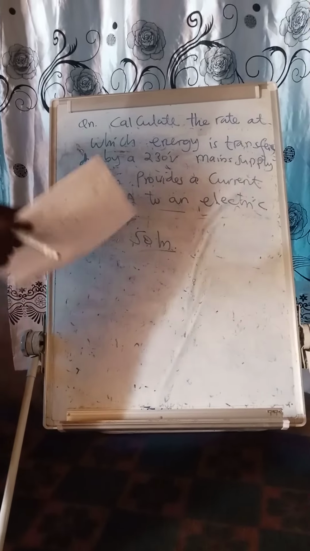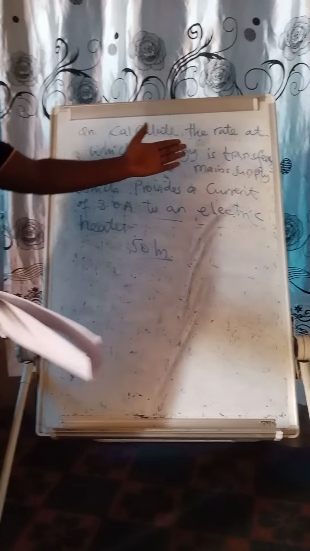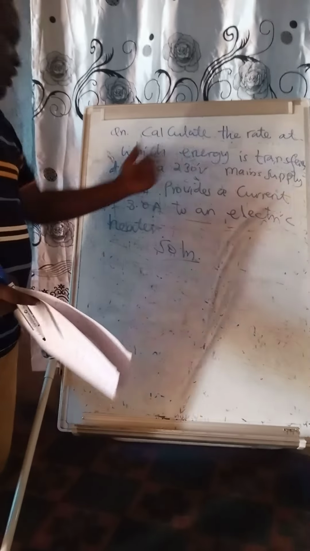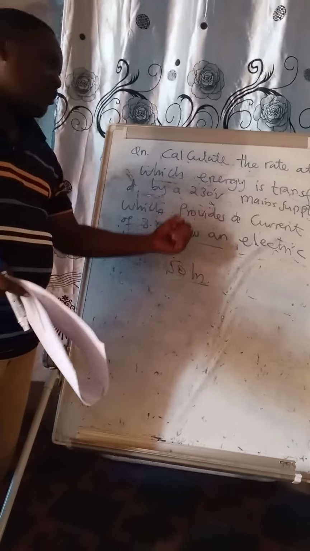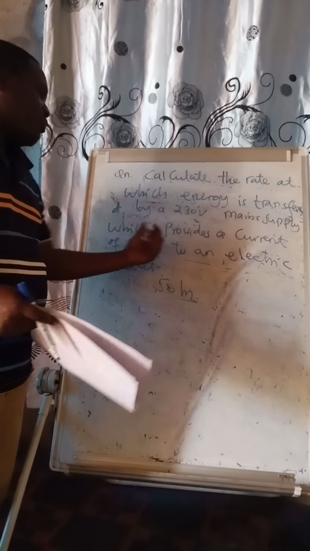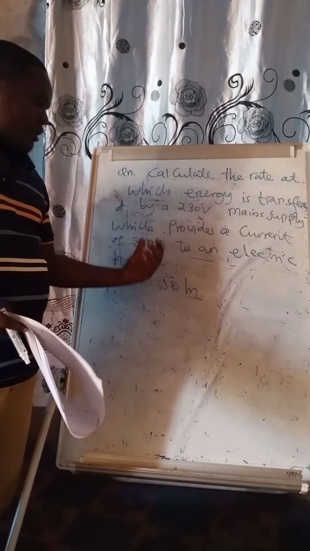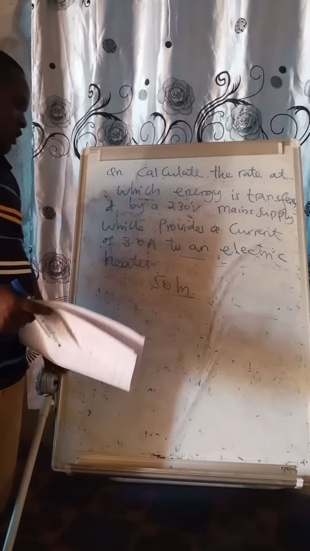Let us see how we use the formula of power to calculate this question. Calculate the rate at which energy is transferred by a 230 volts main supply, which provides a current of 8 ampere to an electric heater.